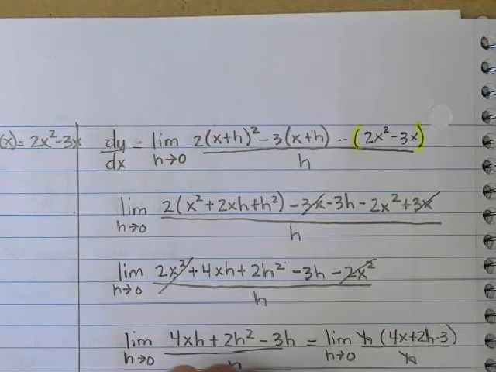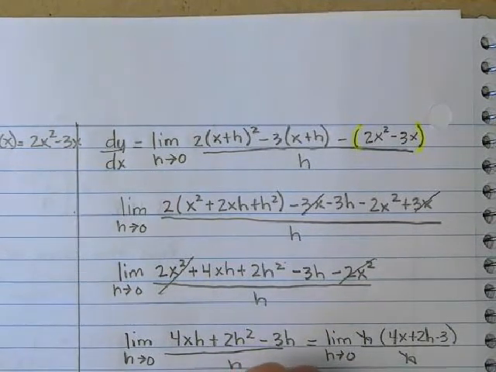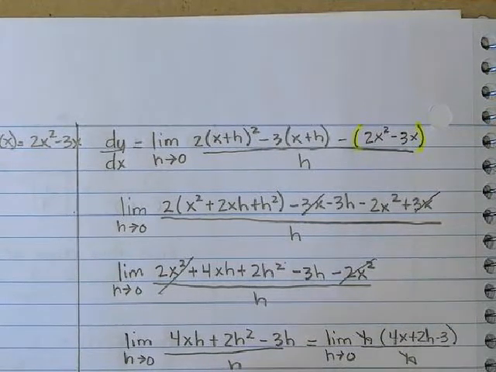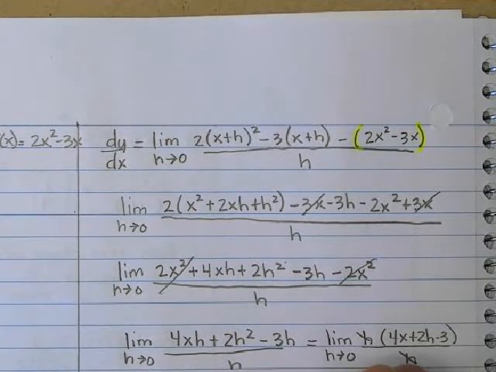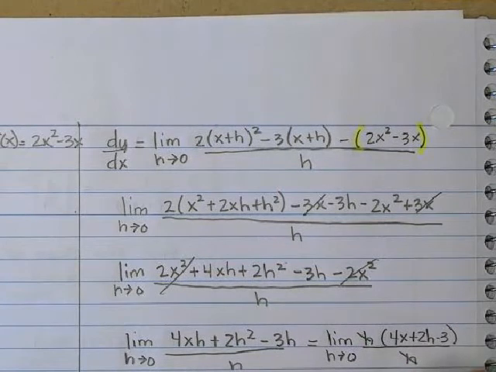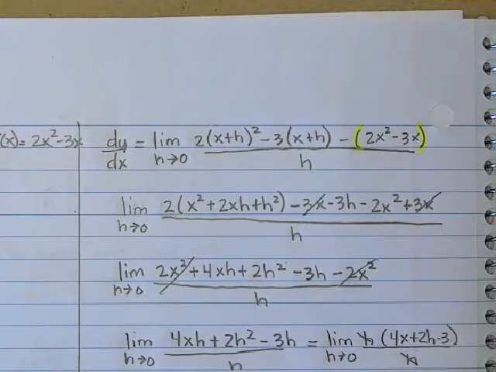Okay, so we have the limit as h approaches 0 of 4x plus 2h minus 3. Now I'm going to plug in the 0 for h. So I'm going to drop the limit symbol, and it equals 4x minus 3.